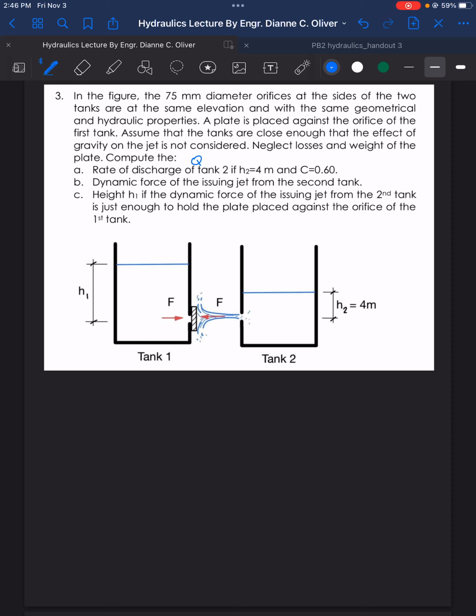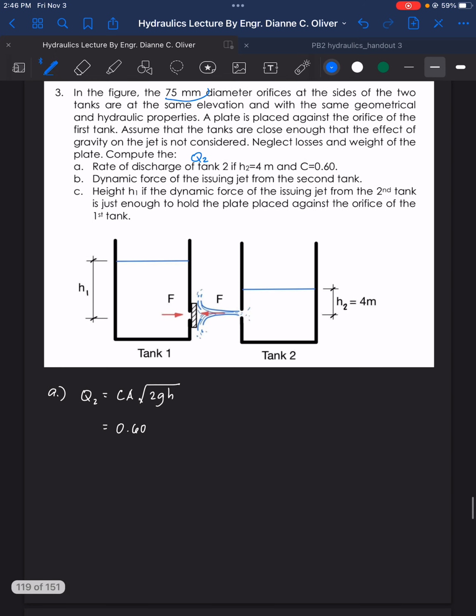So that is Q2. Now for letter A, since we're talking about orifices here, Q2 is equal to CA, given the C there. So CA square root of 2gh. So this formula, if you recall, is equal to C of 0.60, the area of the orifice of diameter 75 mm.